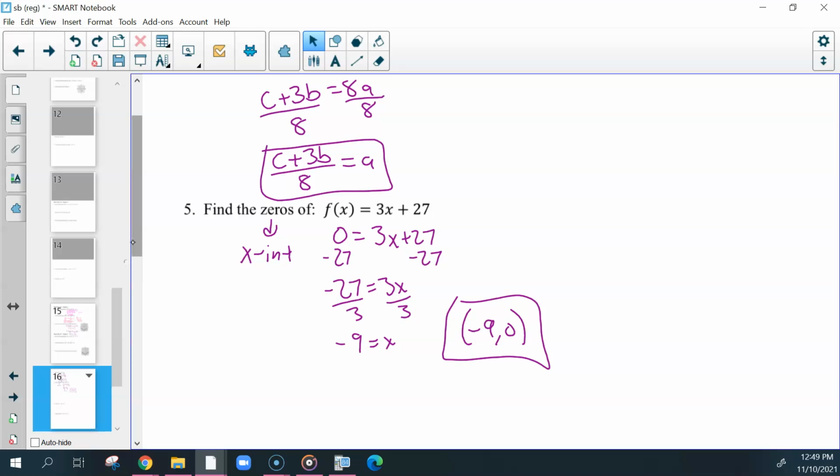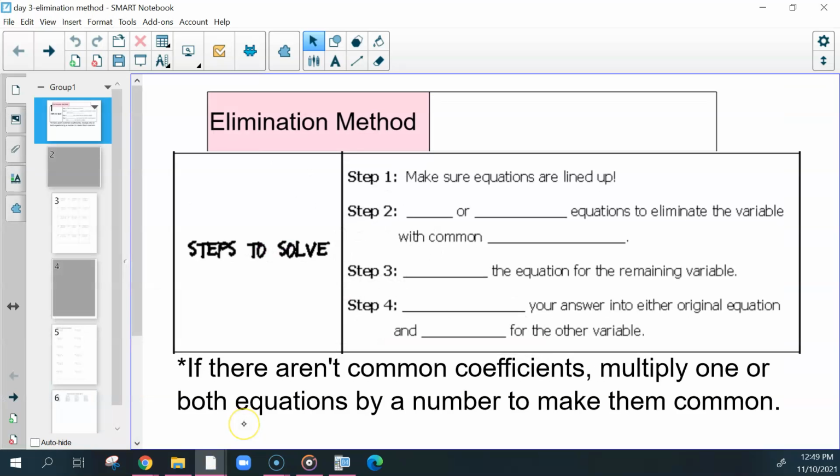So the last couple of classes, we talked about how to solve systems of equations by graphing and by substitution. Today we're going to talk about the last way to solve systems, and that's by elimination. So you all should have notes on your desk. It's going to look like this.